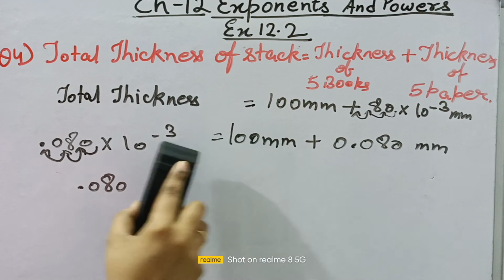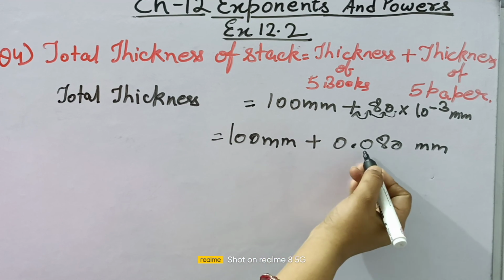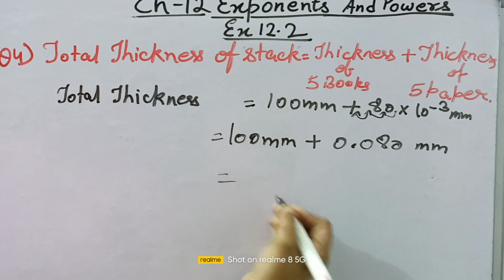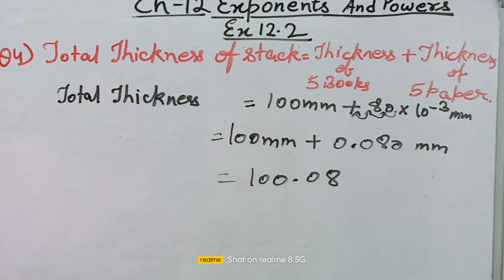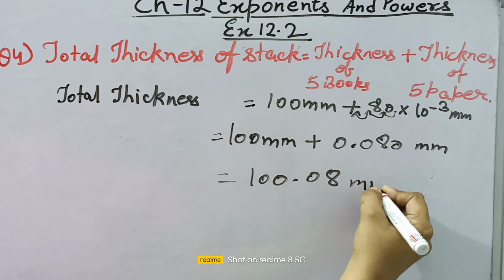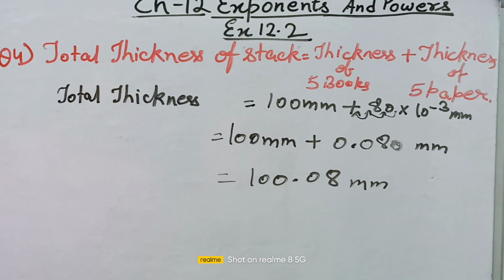Now both the terms are in usual form. We can directly add 100 mm and 0.080 mm. So we will write 100.08 mm. Now why I have not written this 0? Because it do not have any value when it is placed after decimal and after 8. Now this is the total thickness of the stack.